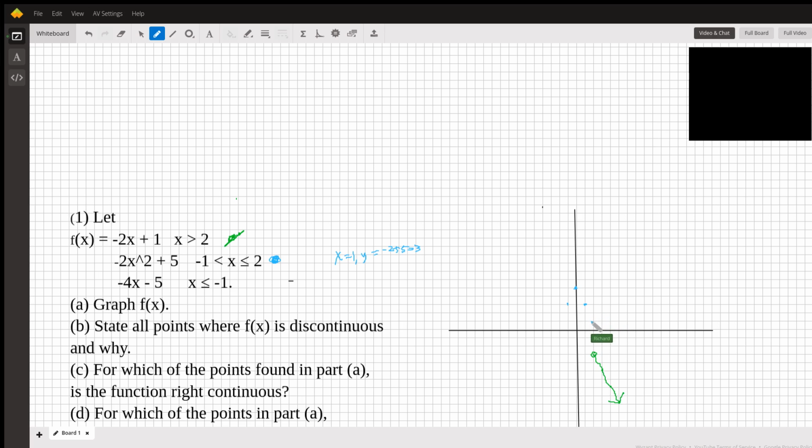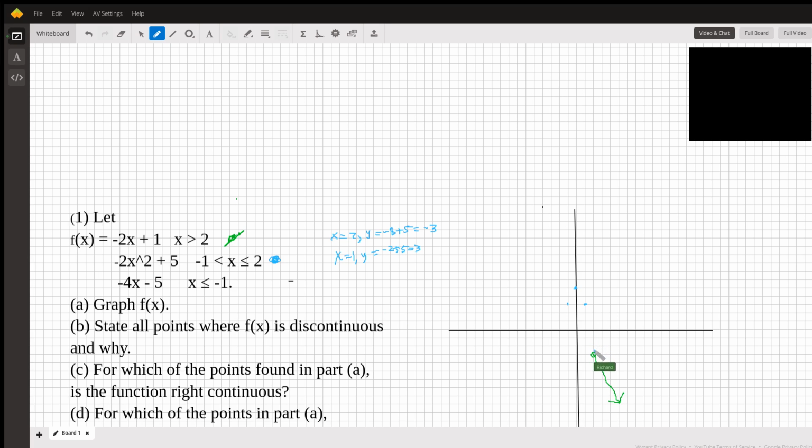And we're going to need one more point here to finish it on the right-hand side. So let's calculate again. x equals 2. y is going to be -8 plus 5, which is -3. So when x is 2, this is 4 times -2, which is -8.